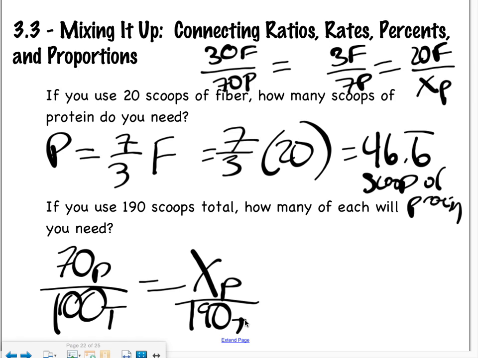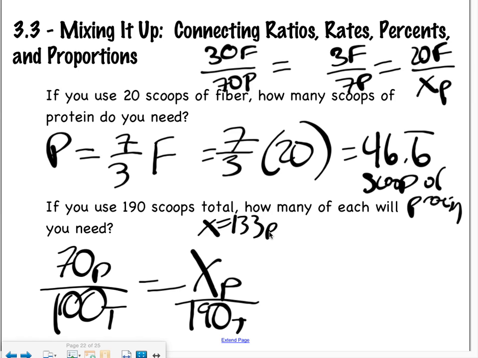Again, we're given 70 protein to 100 total scoops equals X protein over 190 total scoops. And when you solve that, you get X equals 133 protein.